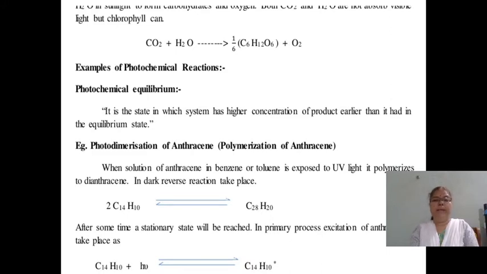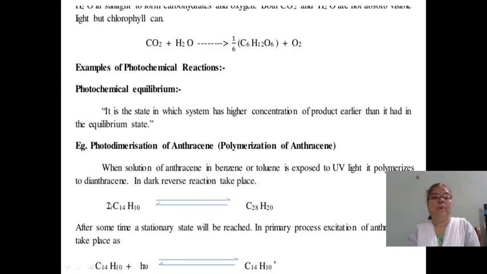Photochemical equilibrium means the state in which the system has a higher concentration of product than it had in the equilibrium state. When a solution of anthracene in benzene or toluene is exposed to UV light, it polymerizes to dianthracene, and in the dark the reverse reaction takes place.